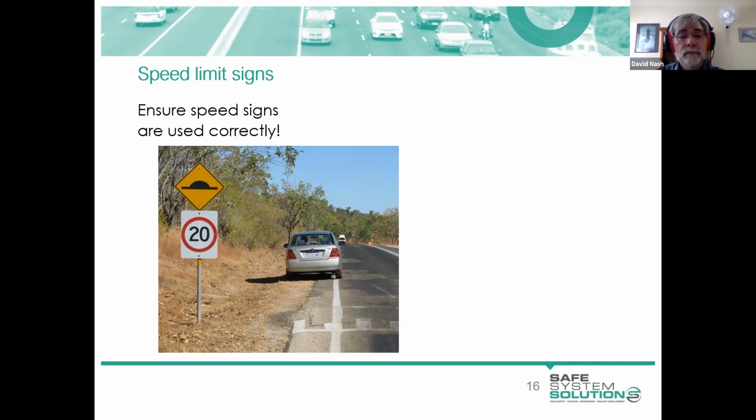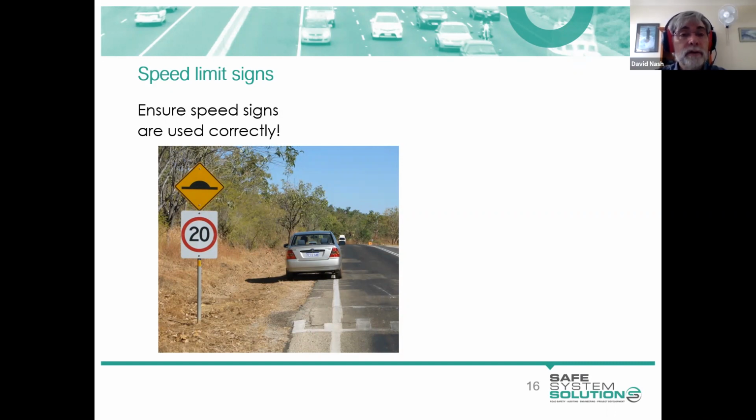This is a picture taken somewhere in the Northern Territory, and it's a road hump. And the idea was to indicate that there should be an advisory speed of 20 kilometres an hour as you drive over the road hump. It should not be a regulatory sign.